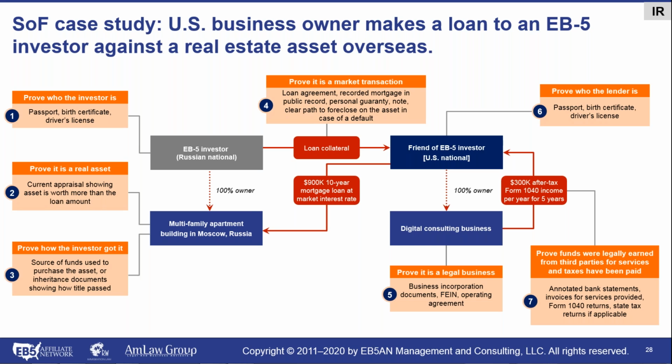So remember, from the time we submit the I-526 petition to the time an officer looks at it is going to be at least 1.5 years. So often they will send a request for evidence asking to show the payment schedule from the petitioner to the lender. And they also want to see the source of those funds, that it was done with lawful funds. It's just their way of making sure that the transaction is legitimate.